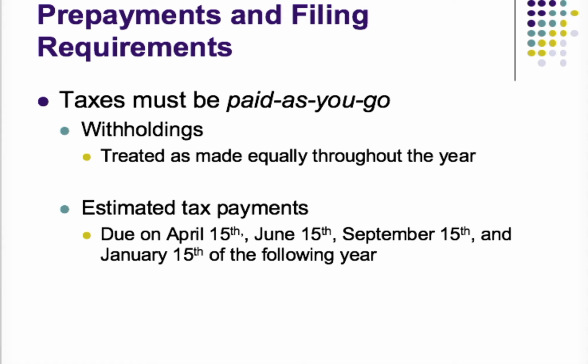But if you end up as a self-employed individual or an independent contractor, what have you, where you are not having withholdings coming out of your checks before they come to you, then you're required to make quarterly tax payments based on an estimate of what you believe your tax liability to be at the end of the year.